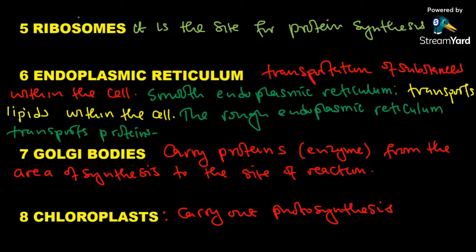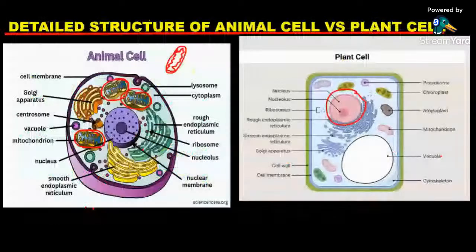What about the ribosomes? Let us go a bit back and look at the ribosomes. So the ribosomes are these small circular vessels that you are able to see. These are what we call ribosomes. They are freely found suspended in the cytoplasm, or they can be attached to the rough endoplasmic reticulum.